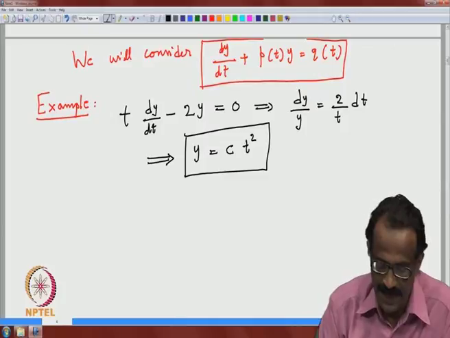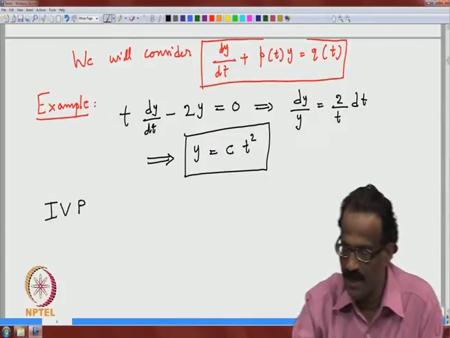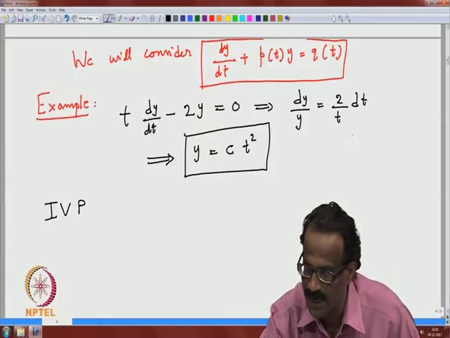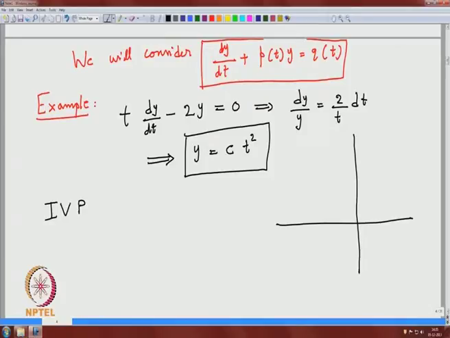Now look at the initial value problem. What are these? These are nothing but parabolas. If you plot these, all of them, irrespective of c, pass through the origin, because when t equal to 0, y is also equal to 0. So this may be something like y equal to c1 t square.